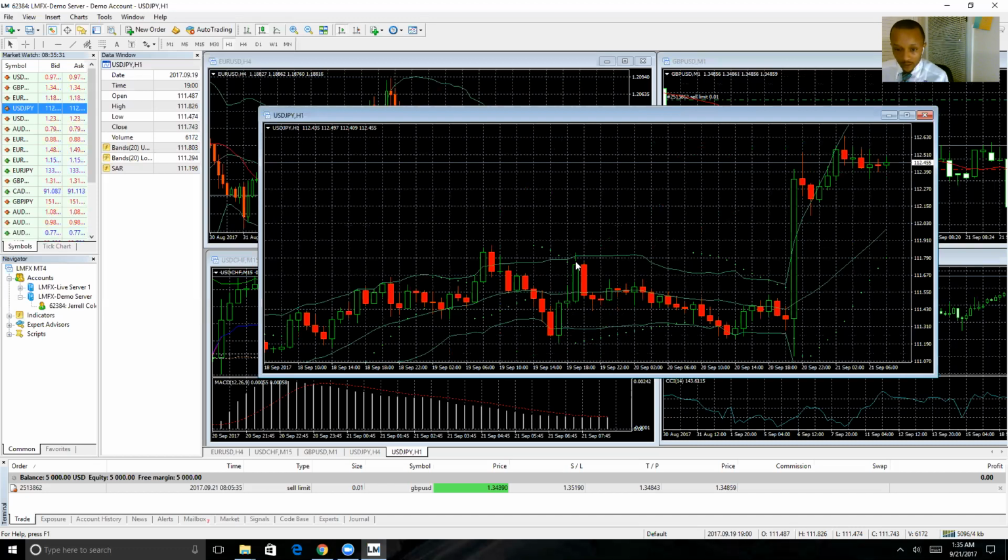And on the other side, if you see a long shadow or a long line on the top side of a candle, it's usually going to go down because it has hit resistance and come back down within that time frame.